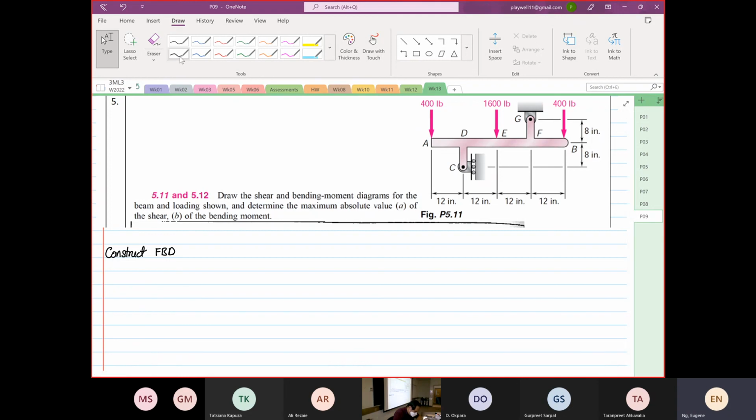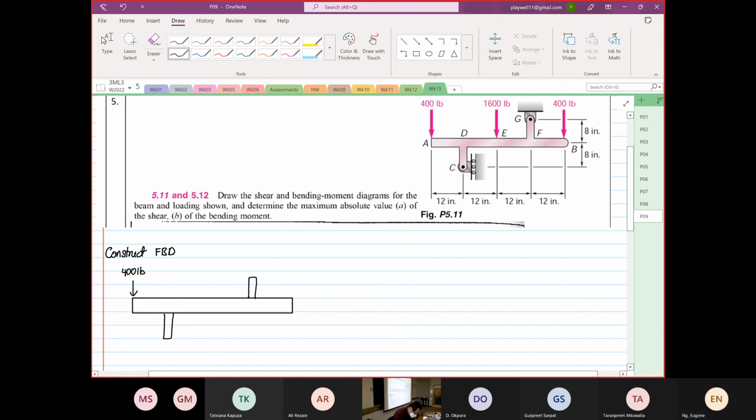So I'm going to sketch this out. We have a structure something like that. Then we have 400 pounds, somewhere here 1,600 pounds, and over here 400 pounds.